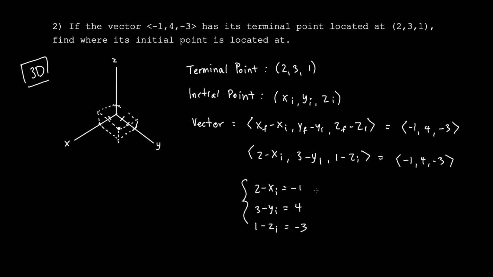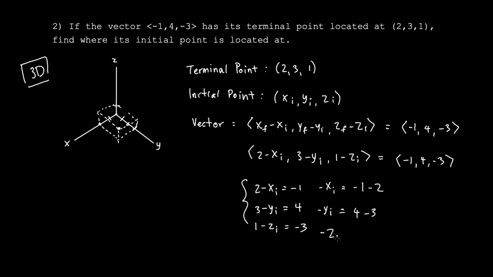Solving for each of the values, we have to bring this over to the other side. So negative x initial will be -1 minus 2. Negative y initial will be 4 minus 3.